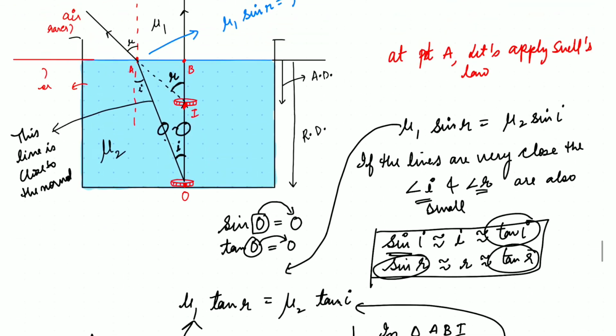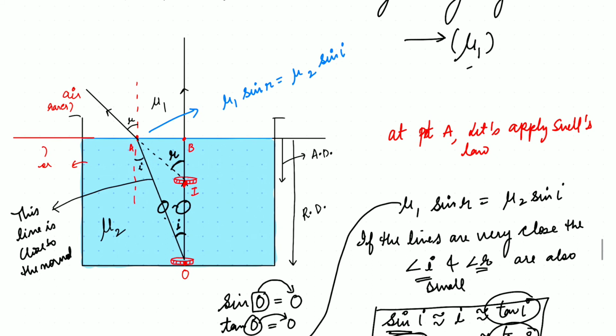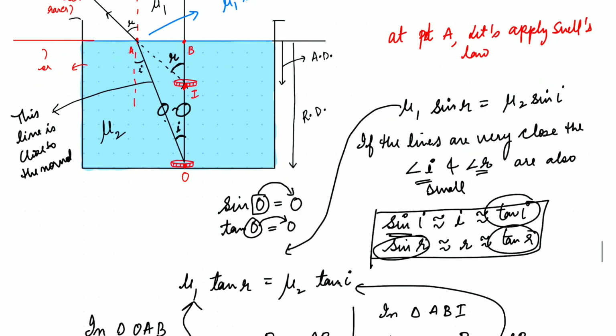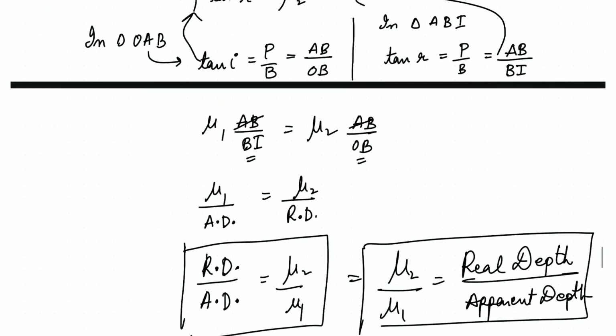And what is nu 1? Nu 1 is the refractive index of the second medium, into which the ray is going out. So for nu 1, the medium in which the light is going, nu 2, the medium from which the light is coming. I hope you guys can understand that, right?